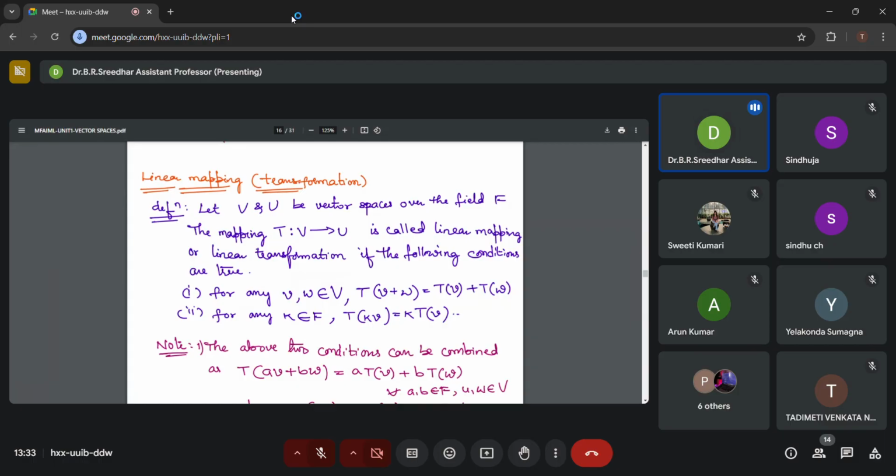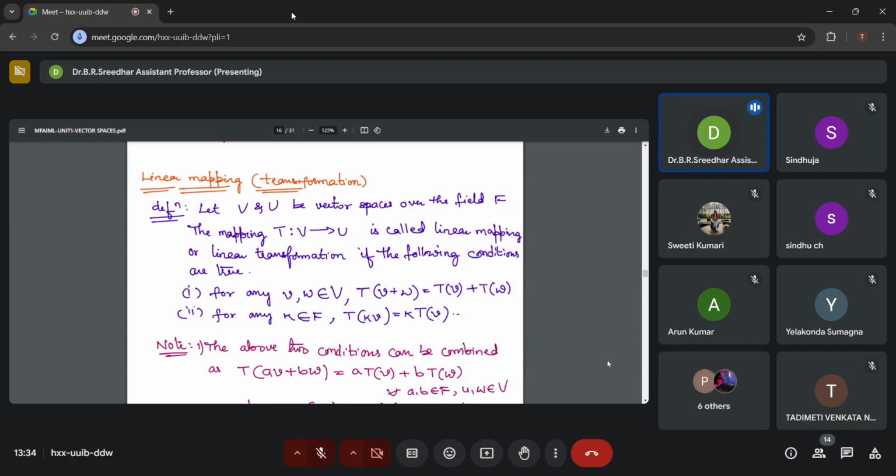Okay? Now, these are the two conditions I told. One condition is T of V plus W equals T of V plus T of W. Another condition is T of KV equals K into T of V. Because K is some scalar, a constant, these two properties sometimes can be combined as T of aV plus bW, where a and b are two constants.